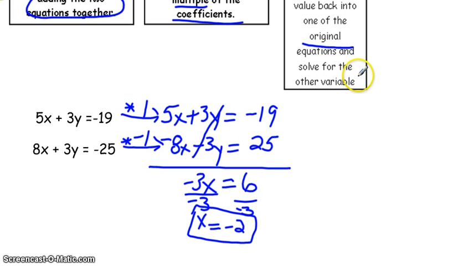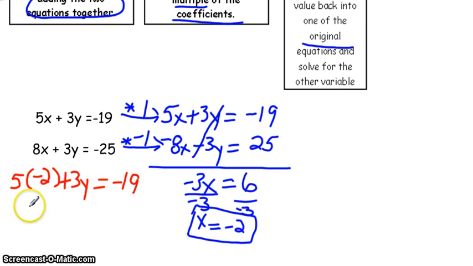Alright, and then in step number 5, it says go back to my original equation and plug in x into one of the equations. So I'm going to put it in the first one. So I have 5 times a negative 2 plus 3y equals negative 19. So I've got negative 10 plus 3y equals negative 19.